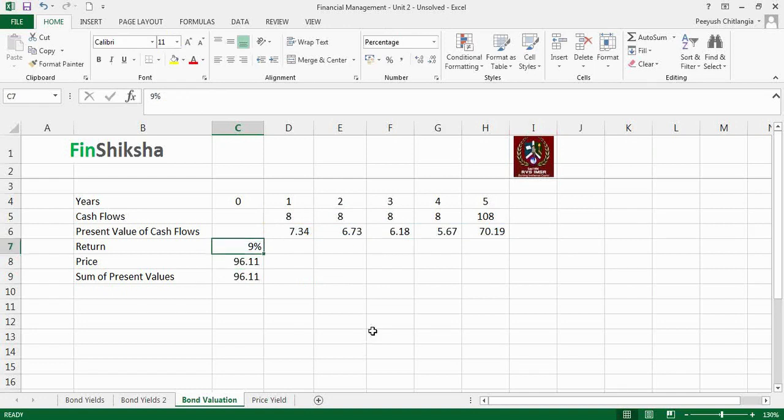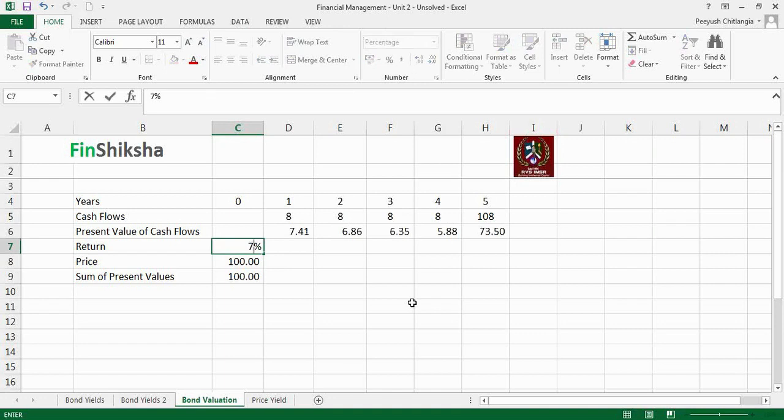All we need to do now is check: if, let's say, my expected rate of return is 10%, should I pay more for the bond or should I pay less? Remember, the payouts are fixed. So the higher my expected return, the lower the price that I should pay. If I have an expected return of 8%, the price will work out to exactly 100 rupees.